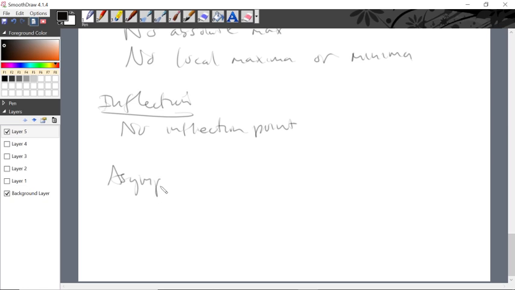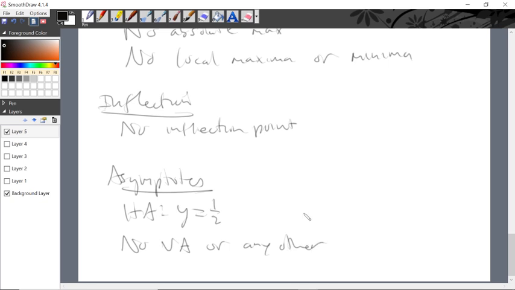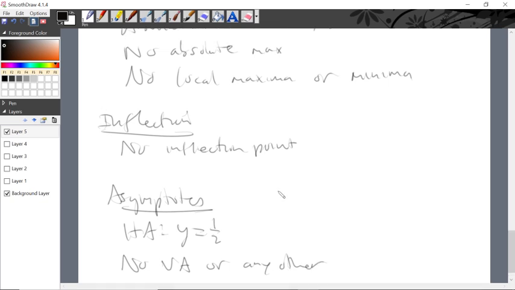Asymptotic behavior: we have a horizontal asymptote at y equals 1/2. There is no vertical asymptote or any other type of asymptote in this graph.